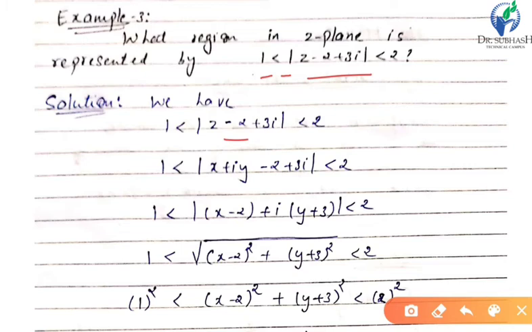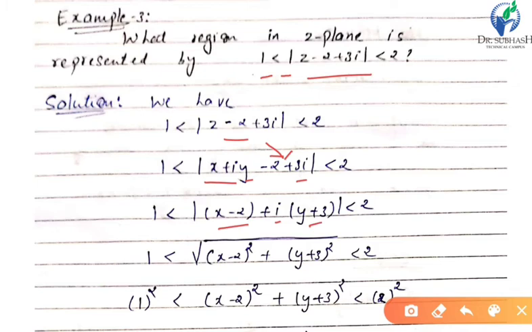Now we will substitute Z = x + iy, and the rest of the terms will be as they are. Now I am taking the real parts together and imaginary parts together. Here the real part is x - 2 and the imaginary part is y + 3, taking y common.